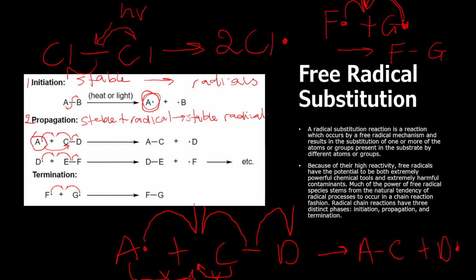If all the radicals meet up with other radicals and create stable species, then unless you continue to supply UV light, the reaction is finished, because there are no more radicals to react. The only way to continue the reaction is to apply more light. So when radicals react to give stable species, that is a termination step.